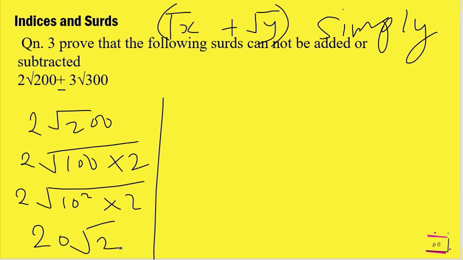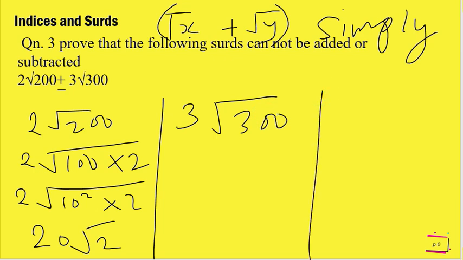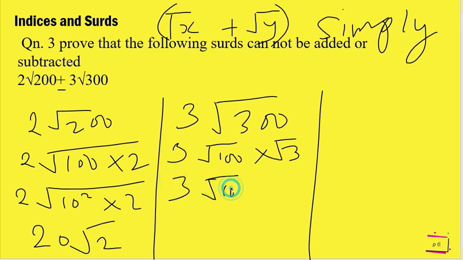The second term is 3 root 300. Using the same idea, this is 3 multiplied by root 100 multiplied by root 3, and this one can be 3 root 10 squared multiplied by 3.